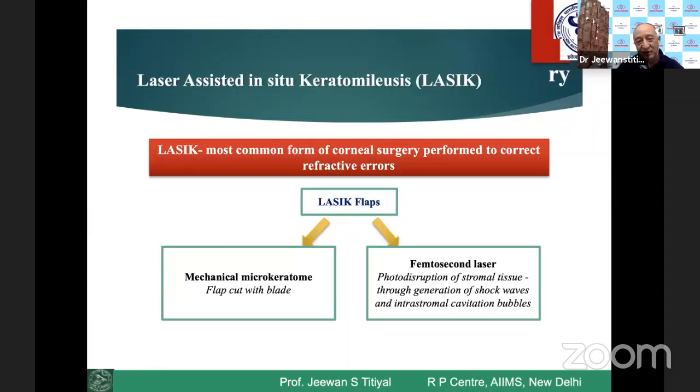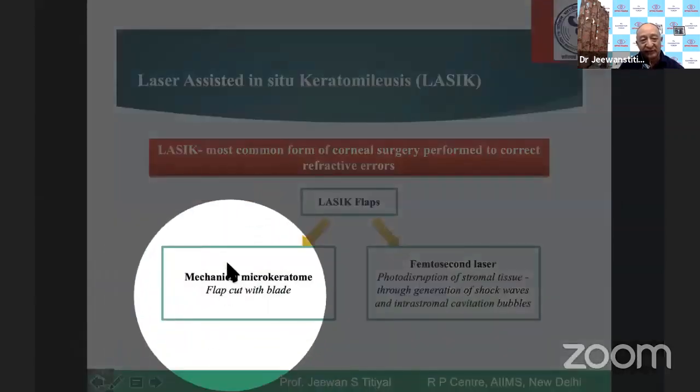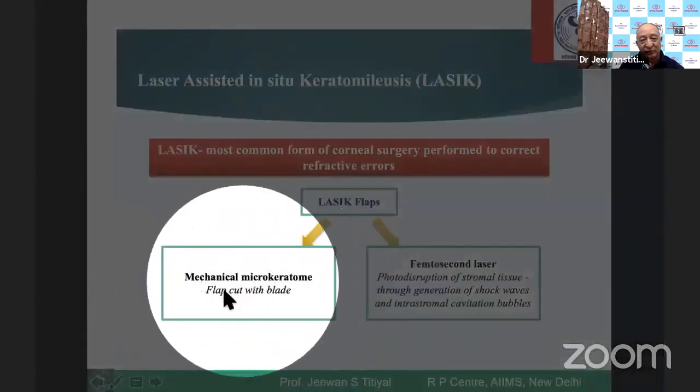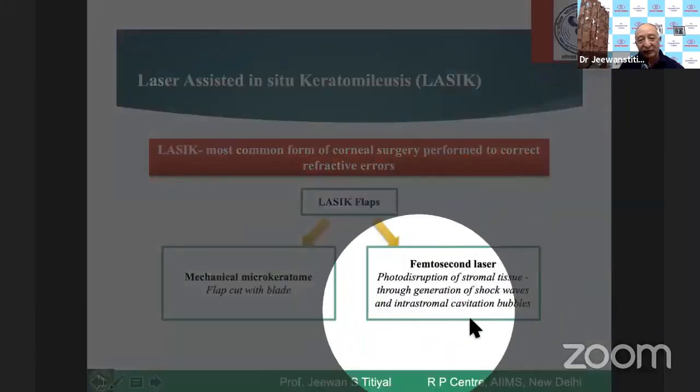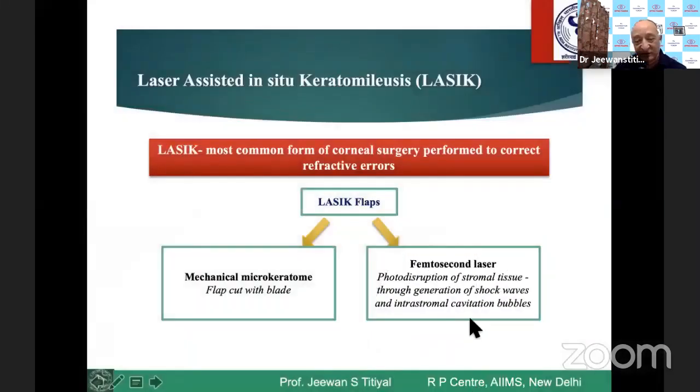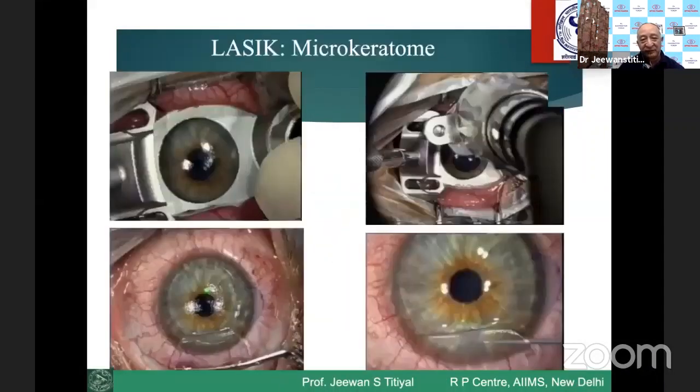The most important aspect of surgery in this group of laser ablative procedures is to make a very nice flap, which is predictable and safe for the patient. So we have two devices. One is a mechanical device based on the microkeratome, which makes the flap cut with a blade. And you have a femtosecond laser, which is laser-based photodisruption to create a plane of cleavage in the cornea to create a nice flap.